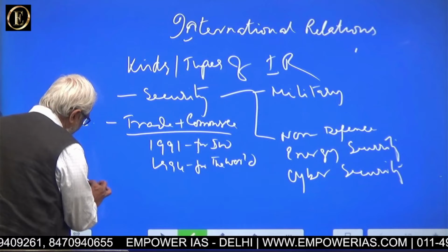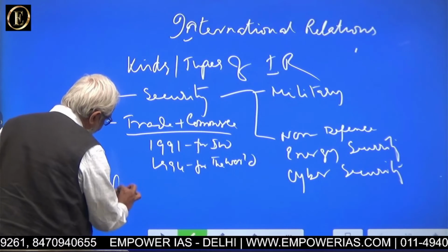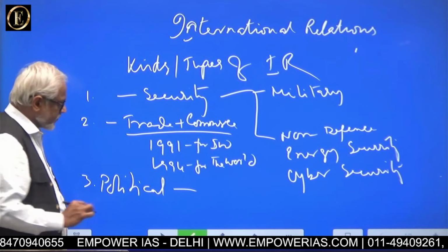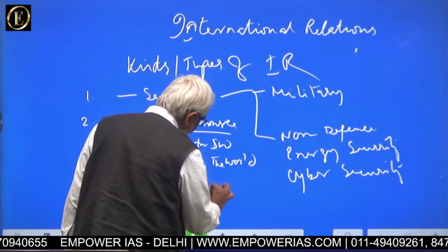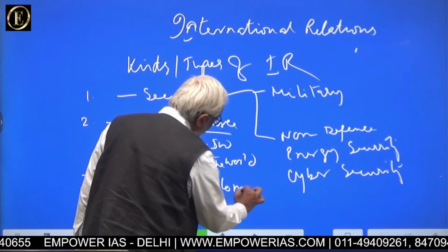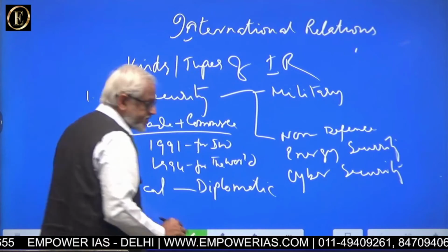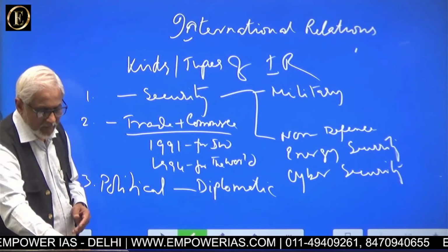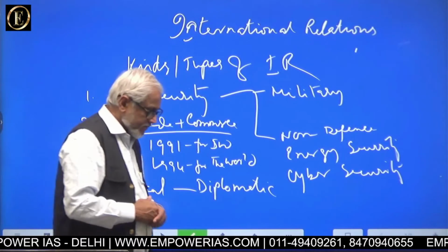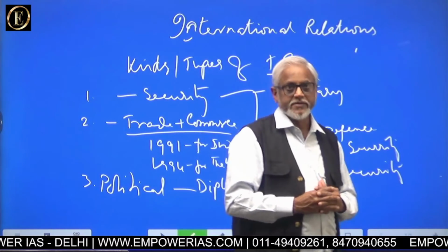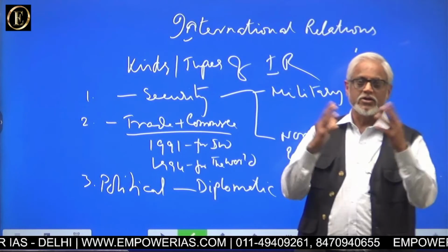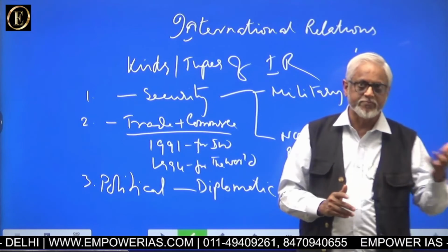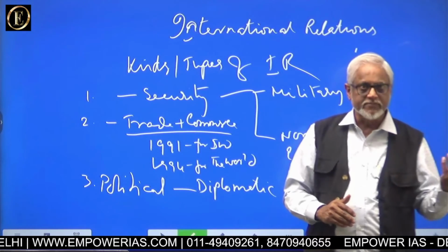The third important area is called political, that means it is diplomatic. This can be diplomatic relations, this can be political negotiation. You might have seen in the newspaper that in Ukraine, if people had the Indian tricolor flag, they got free or peaceful passage to leave the country.